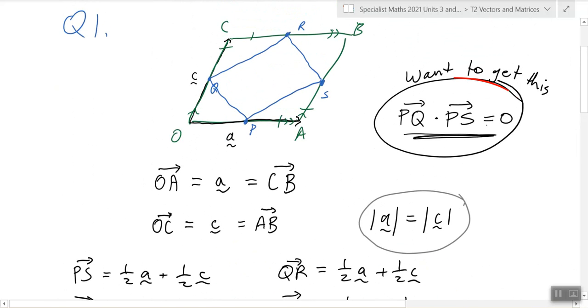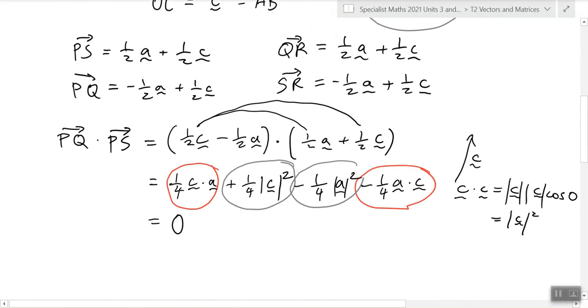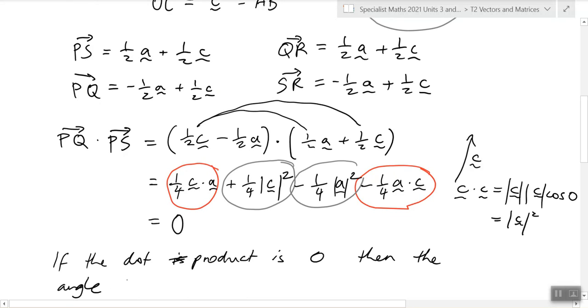So remember we wanted to get to this. Did we get to it? Yeah. Okay, so then we would finish with the statement: if the dot product is 0, then the angle between is what? 90. Perfect.